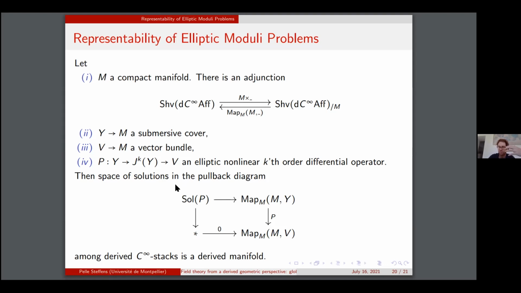Does it lie in a certain subcategory of sheaves on derived affines? And that shift in perspective gains you a lot of conceptual ground. Maybe you lose some concreteness because you have to go to this higher categorical world.